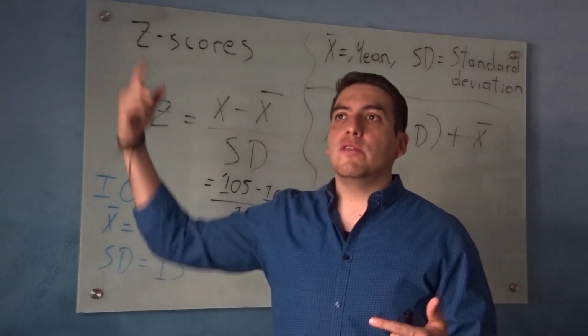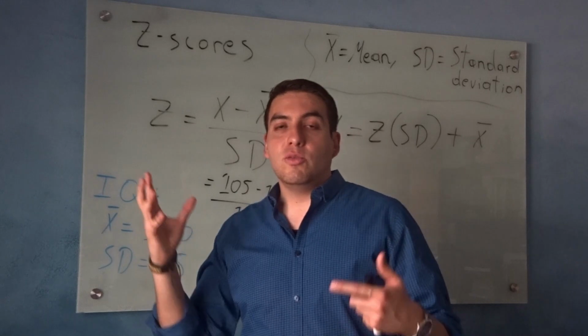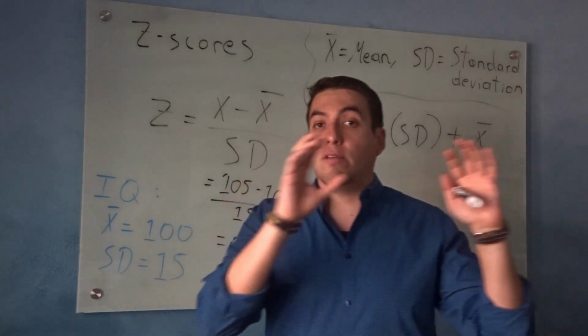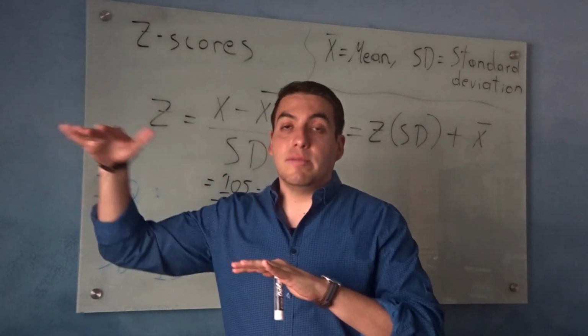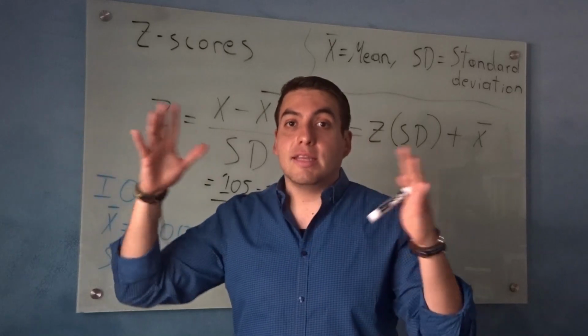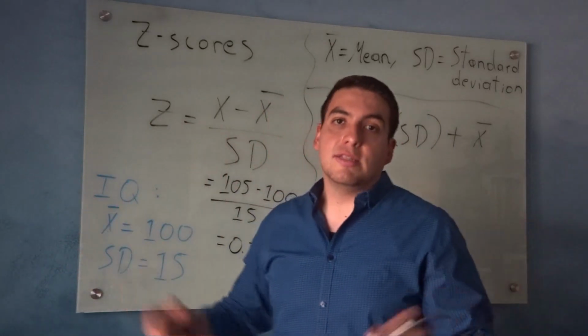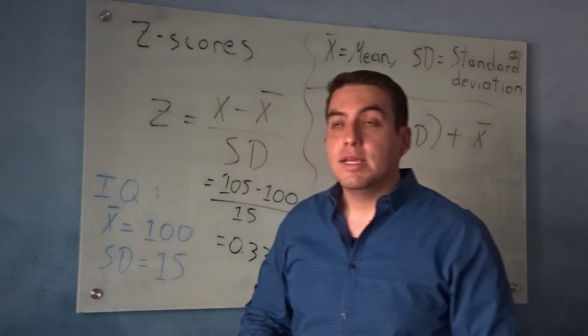So if your friend got a 45 with a mean of 50, how can you possibly know if one did better than the other? Well, that 45 is going to have the 50 mean from that sample subtracted from it, divided by the standard deviation for that sample, and that's going to give a z-score. Then you make a comparison between the two z-scores, and that's going to give you a more fair comparison to say who did better.